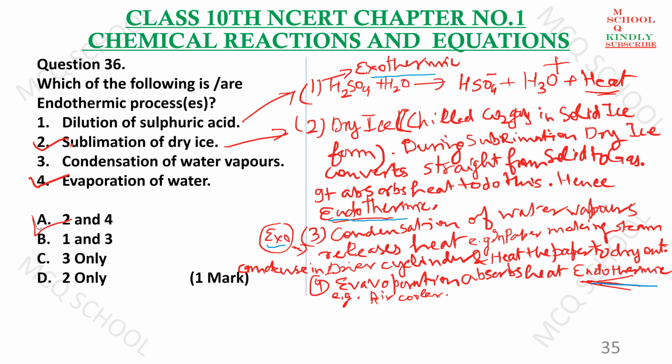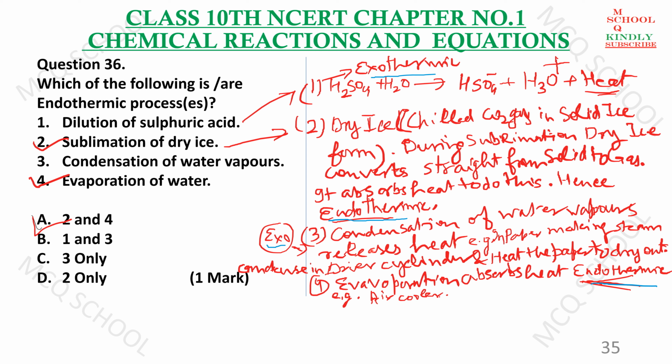So at first, this is the first answer. Then let us check 3. Condensation of water vapor, whenever it happens, it releases heat. Such action is used in the paper machines for drying the papers.